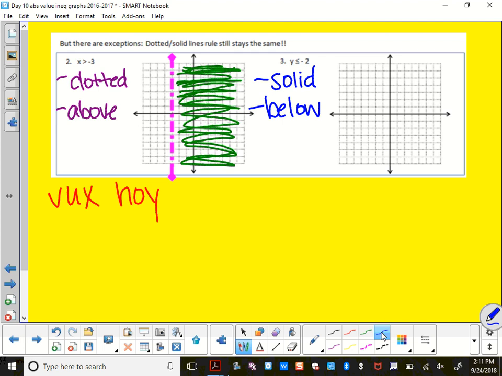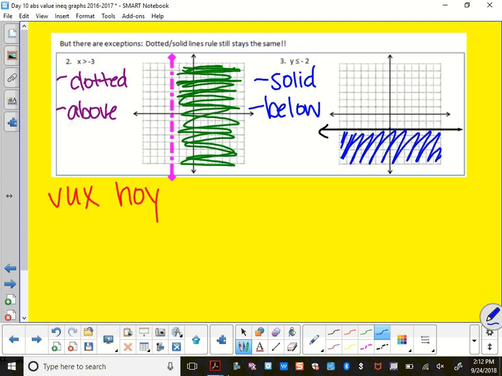So let's go to -2 and then a solid line this time. So I'm going to draw it right there. And I'm going to shade below. So all of those y's, all of that in the shaded area is less than -2. Okay?